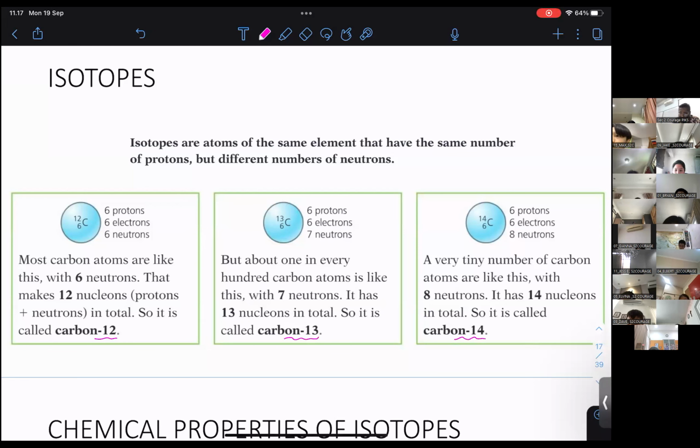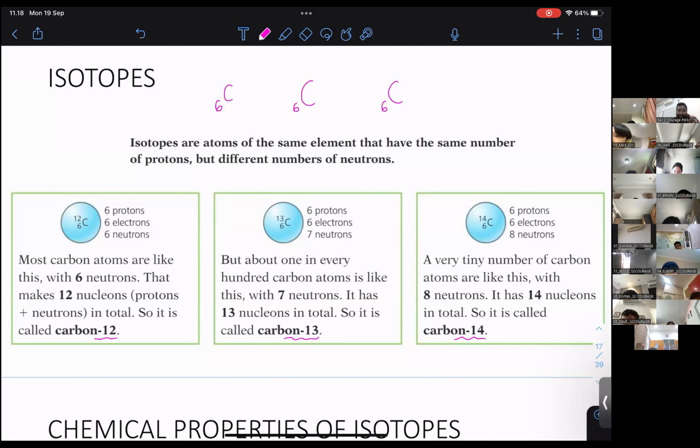In order to refer to it as carbon, the proton number must be 6. That one doesn't change, because isotope means you must have the same proton number. Whatever carbon you have, 12, 13, or 14, all of them are going to have the proton number 6.